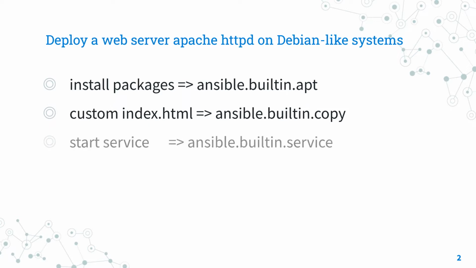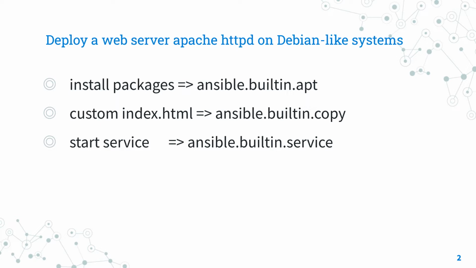Thirdly, you need to start the HTTPD service called Apache in Debian-like system and enable on boot with all dependent using the ansible.builtin.service Ansible module.